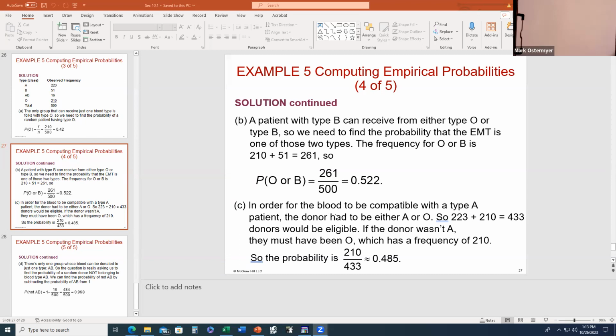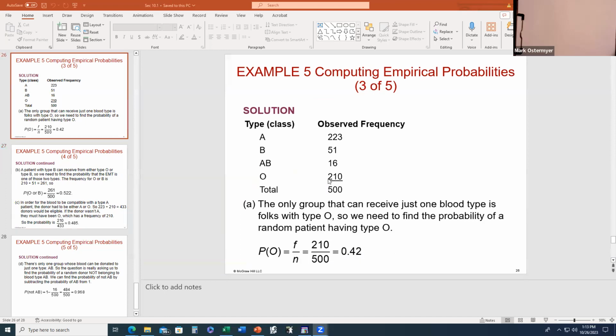Now, C: in order for blood to be compatible with a type A patient, the donor had to be either A or O. I didn't know that. I just learned something today. So O will also be compatible with A. How many ways can we select somebody with A or O blood?